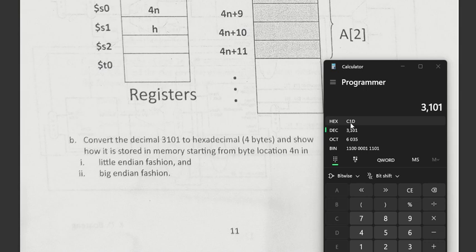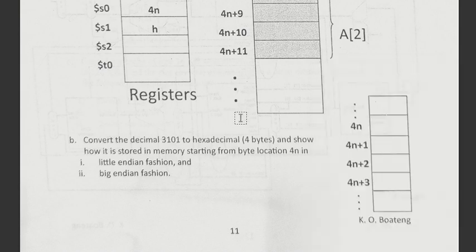This is 4 bits, 8, this is 12, so a total of 12 bits. That's C1D. So we need some more zeros: 12, 16, 20, 24, 28, 32, right? So yes, that's 32 bits.